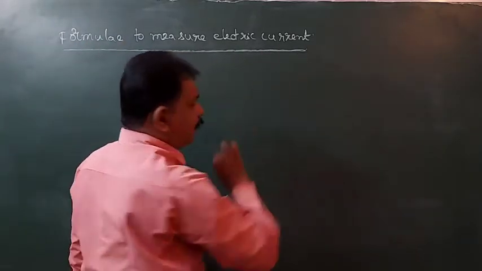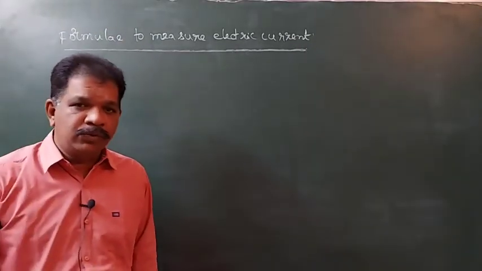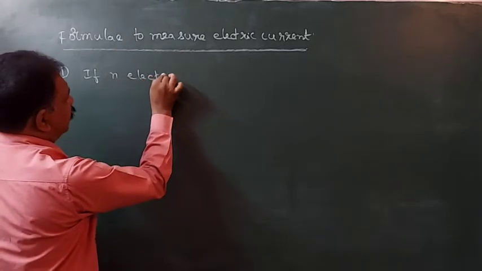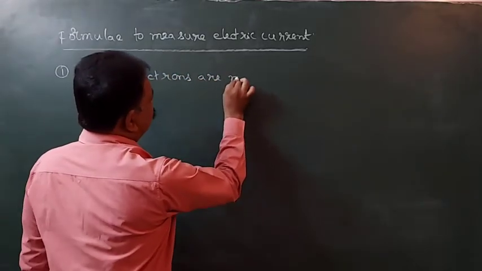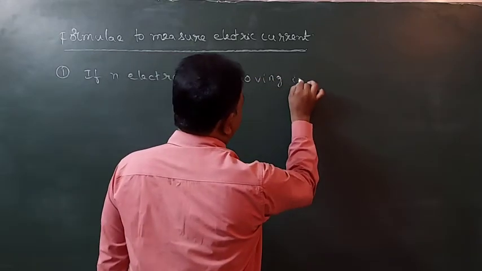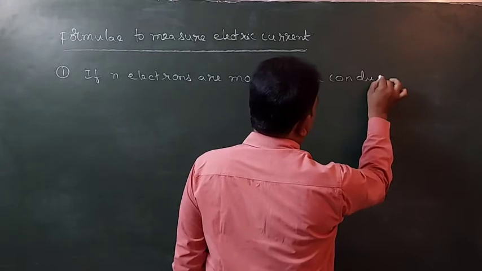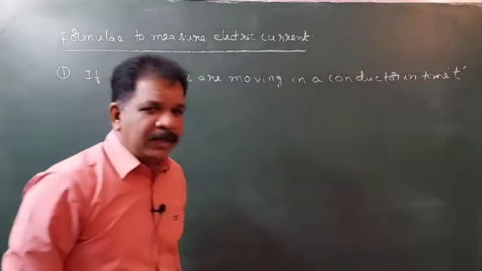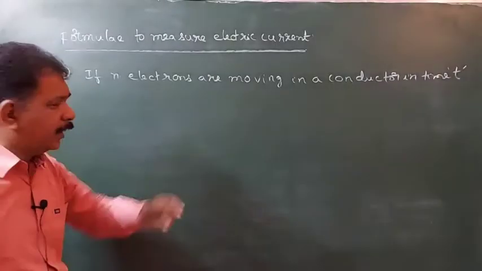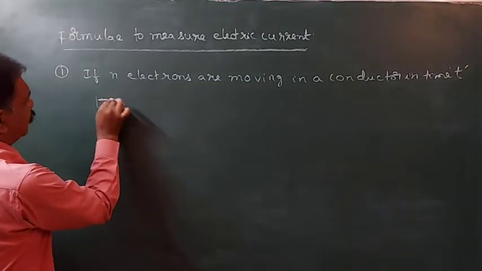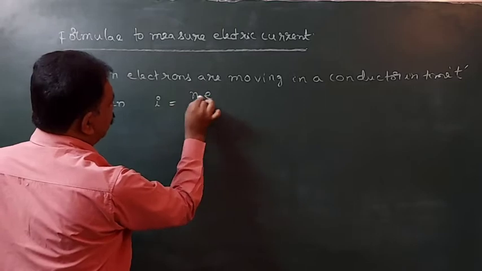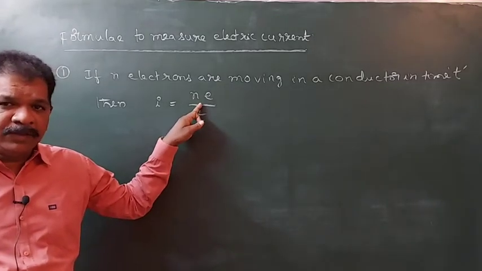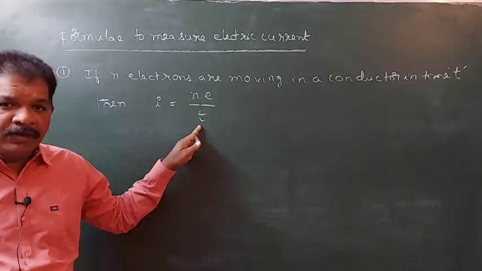So the basic formula for electric current is I is equal to Q by T. So if n electrons are moving in a conductor in time t, then I is equal to Ne by t, where N is the number of electrons, e will be the charge of the electron, t will be the time.